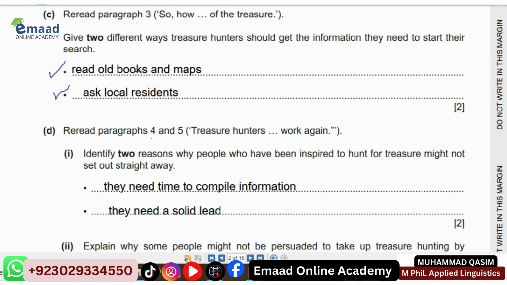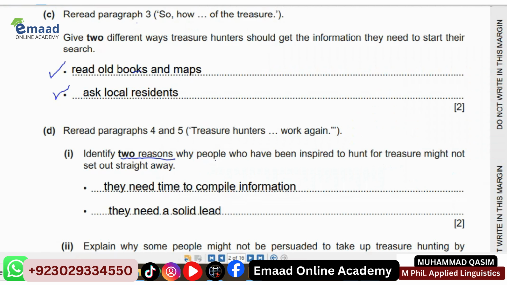Okay, reread paragraphs 4 and 5. Treasure hunters work again. Identify 2 reasons. You need to understand the key words in the question. 2 reasons why people who have been inspired to hunt for treasure might not set out straight away.